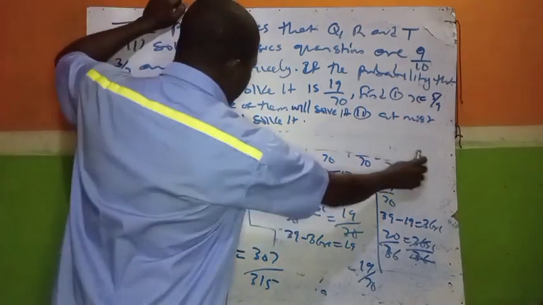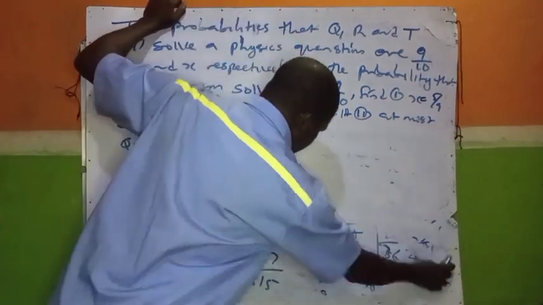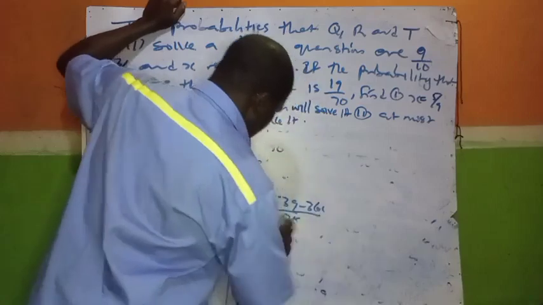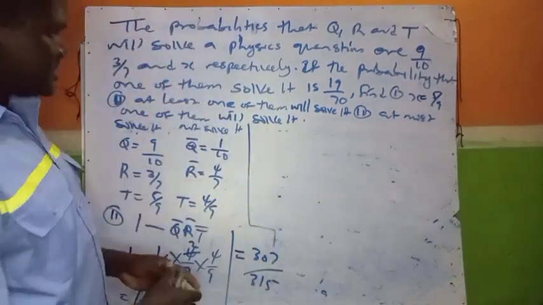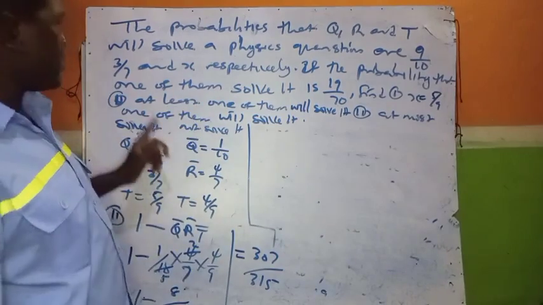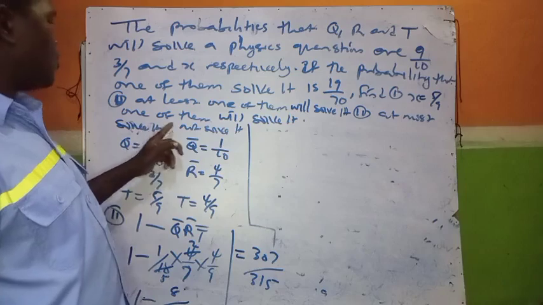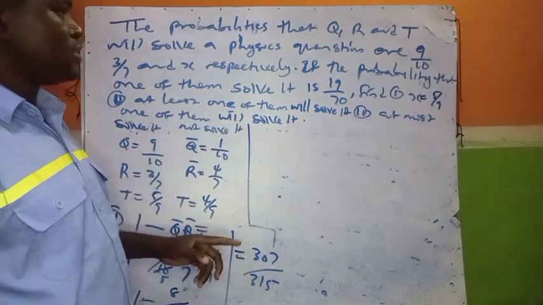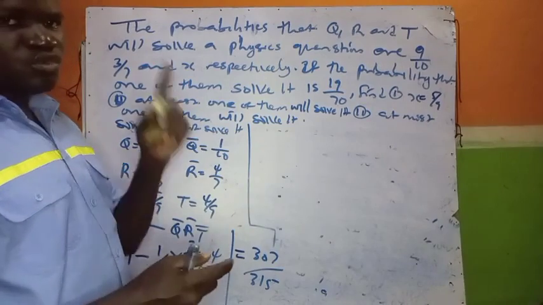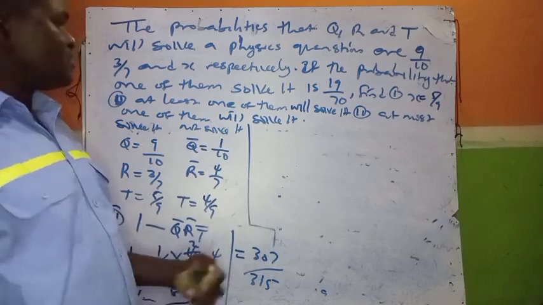Then the last one. The last one is the opposite of this. Here is the at most one of them solve it. Since at most only one solves it, you can have fewer.